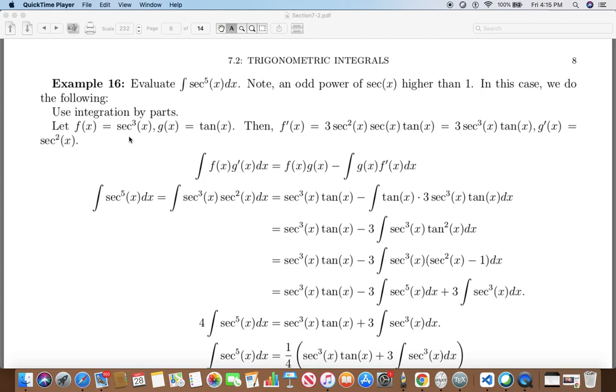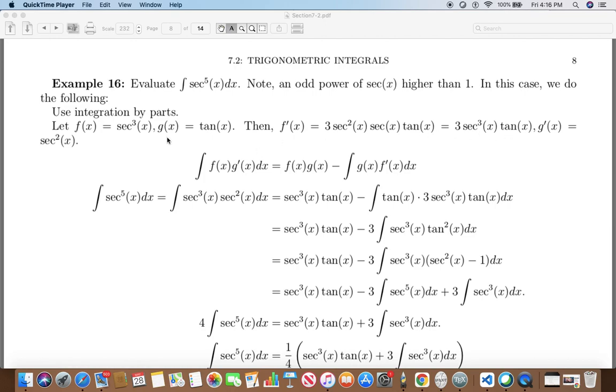So let f equal secant cube and g(x) equal tan x. Then f prime of x requires the chain rule: 3 secant squared, and the derivative of secant is secant times tan. So in all, that comes to 3 secant cube x tan x.